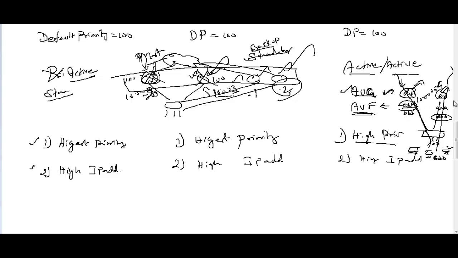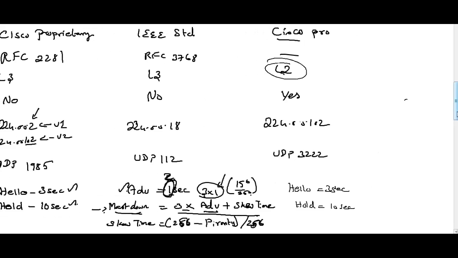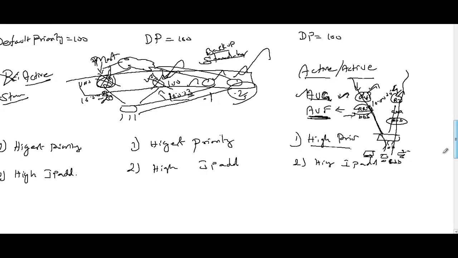So load balancing happens and both are active, but AVF on router 1 is forwarding traffic for all odd-numbered computers down in the access layer, and AVF on router 2 is active for all computers that are even-numbered: 2, 4, 6, 8. That's how both are active.